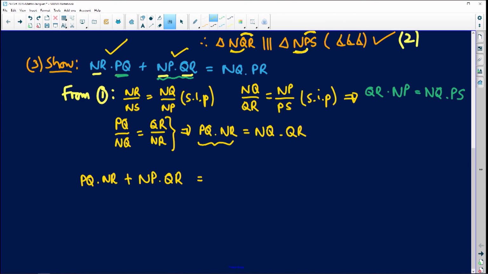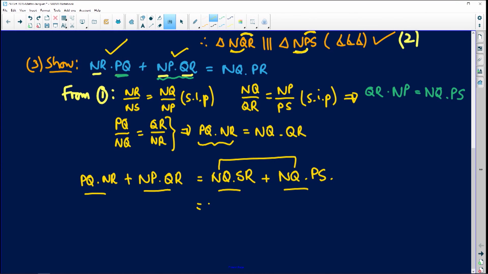I get that sum to be NQ times SR plus my NQ times PS. Okay, so I've got my two, I just substituted them with the ratios that I worked with, and now you can see what is happening that's interesting on the right-hand side. The NQ is common. Okay, if I remove NQ, I get SR plus PS.